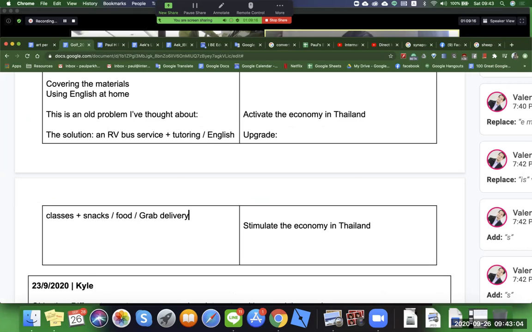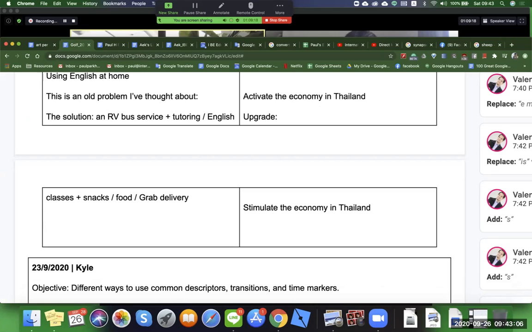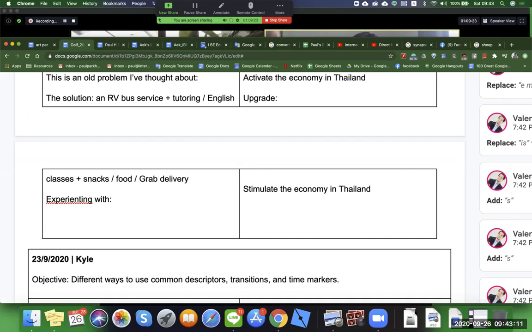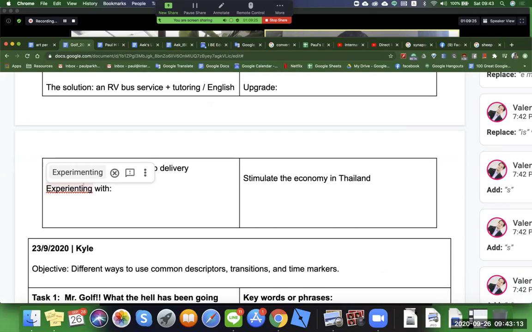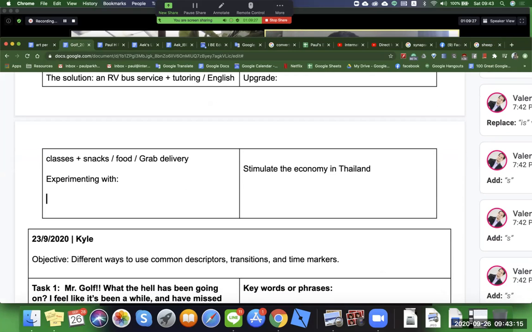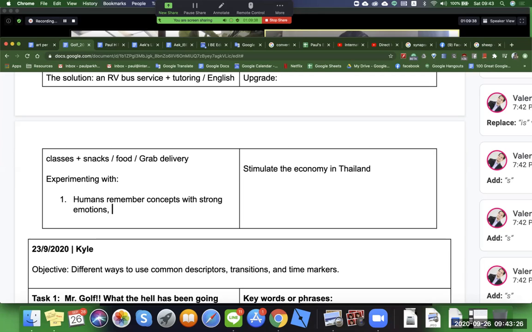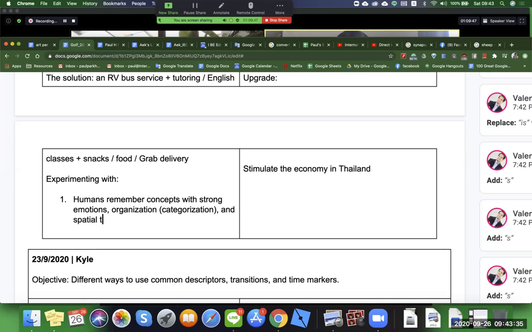So here's the summary for you, Golf. Summary for 5 minutes of today for you to start experimenting with. And this applies to you too, Connect. It's the way that you can learn English or learn anything for that matter. Number 1, humans remember concepts with strong emotions, organization, categorization, and spatial thinking.